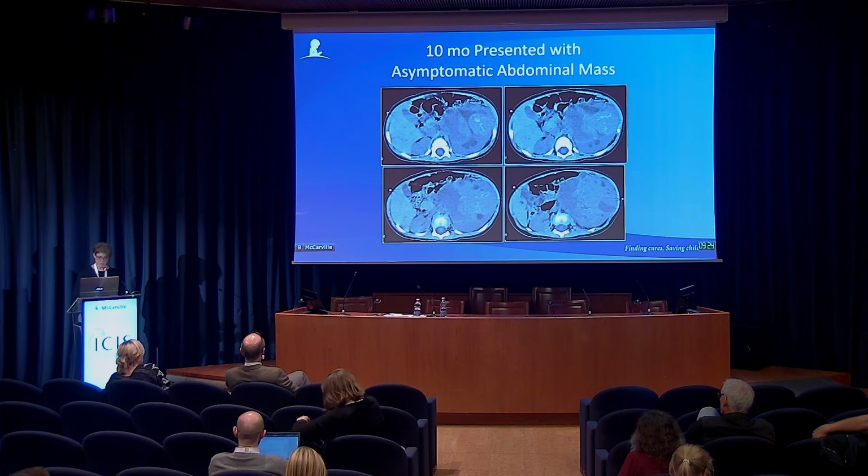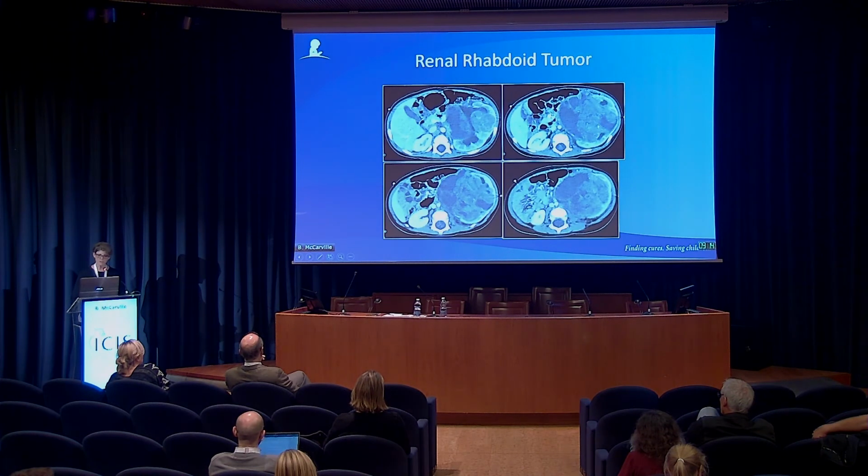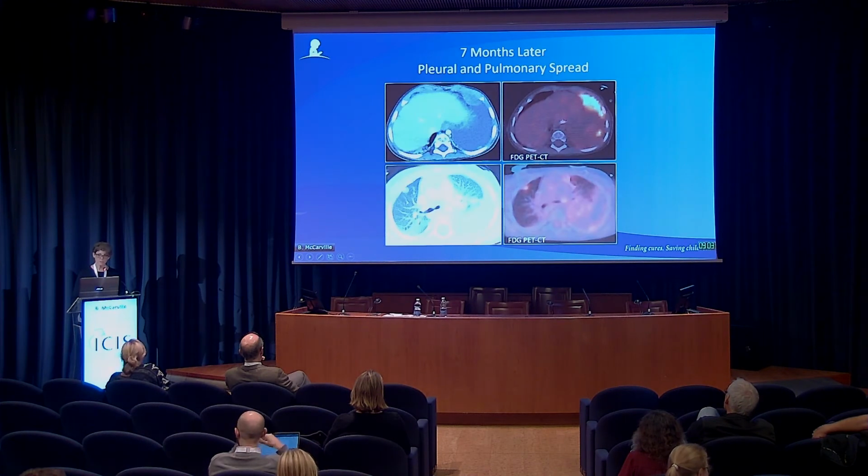But in this case, it did demonstrate the linear calcifications that can sometimes be seen in these tumors that outline tumor nodules. And then after the administration of contrast, you can appreciate the very lobulated nature of this mass and that the lobules are separated by fluid, features that are said to be typical of rhabdoid.